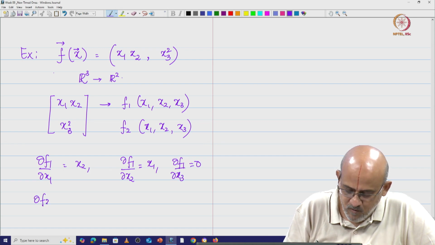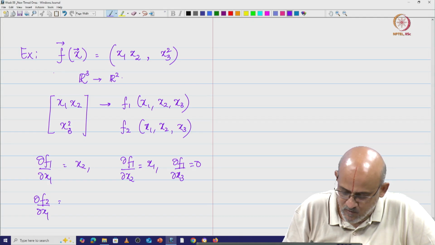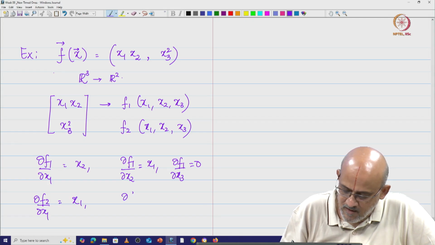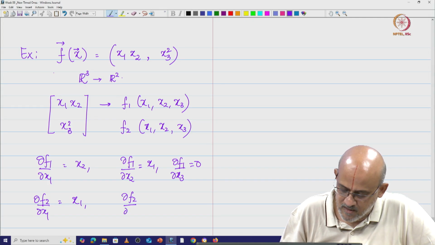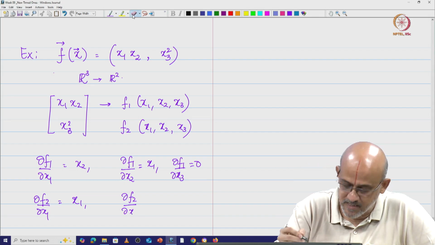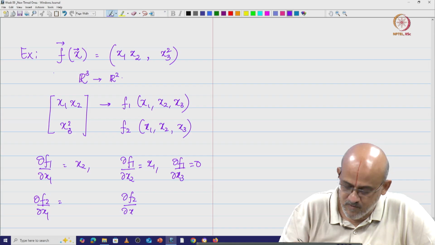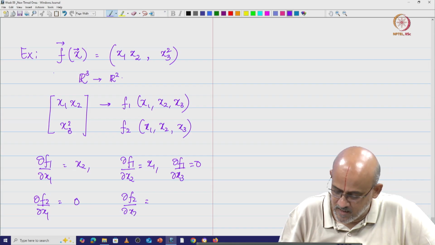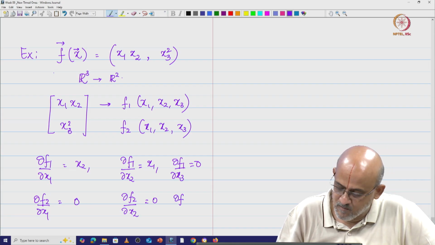Similarly, dou f 2 by dou x 1 is 0, dou f 2 by dou x 2 is 0, and dou f 2 by dou x 3 is going to be 2 x 3.